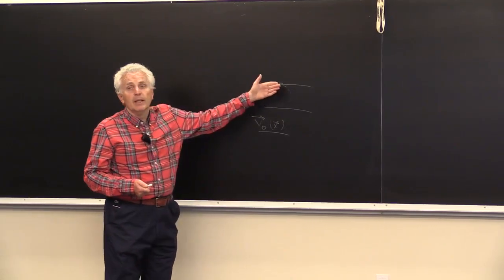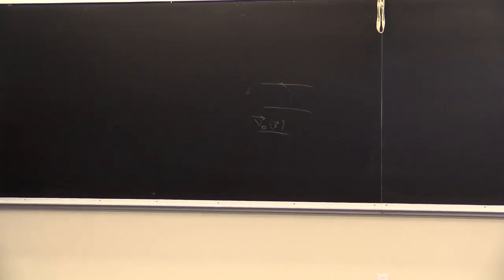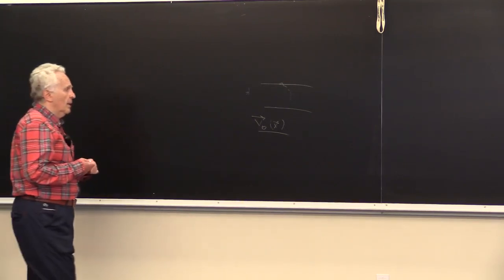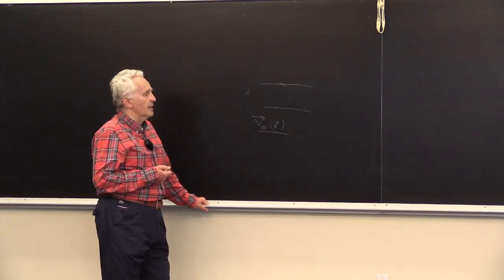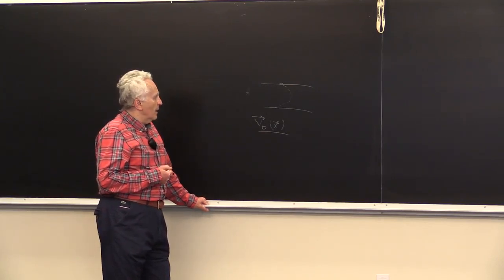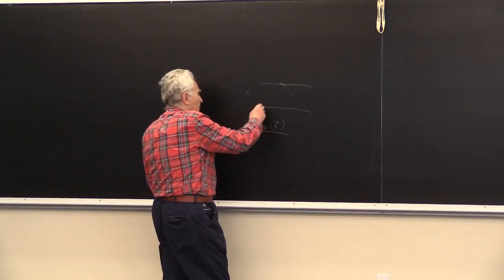In this simple case, it's a parabola. Of course, there are plenty of much more complicated solutions. People did some very ingenious things in hydrodynamics. But for our purposes, it's good enough.